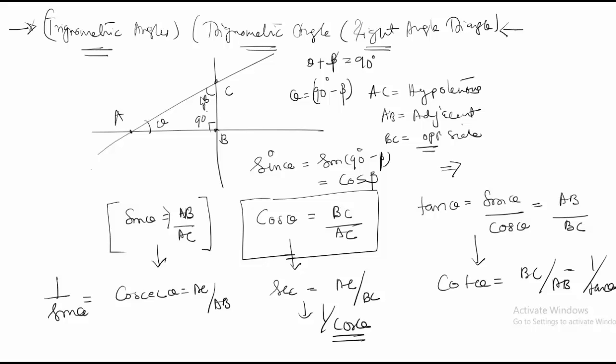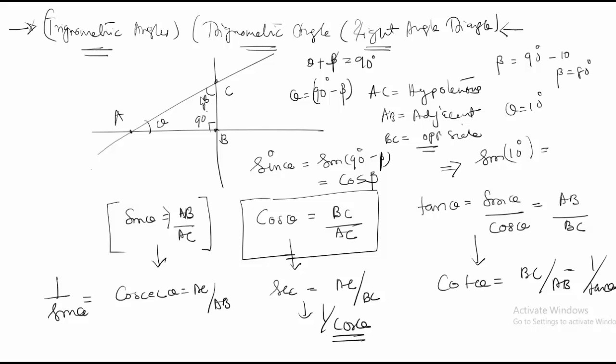Just taking an example, if I have a sine of 10 degrees, and I write it as sine of 90 degrees minus 80 degrees, that is, my theta is equal to 10 degrees, so my beta is equal to 90 degrees minus 10, which is equal to 80 degrees.